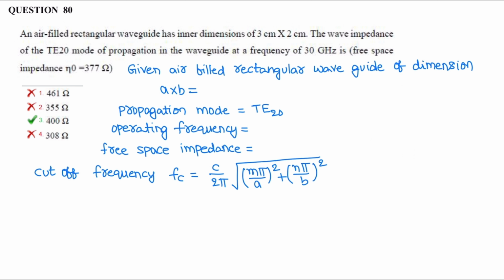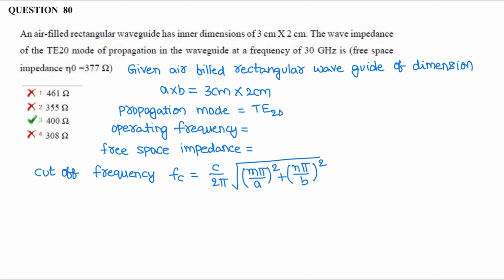An air-filled rectangular waveguide has inner dimensions of 3 centimeters and 2 centimeters. The wave impedance of TE20 mode of propagation in a waveguide at a frequency of 30 gigahertz is. In the question they have given air-filled waveguide of dimension A by B, that is 3 centimeters by 2 centimeters.